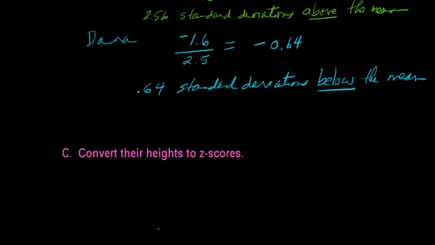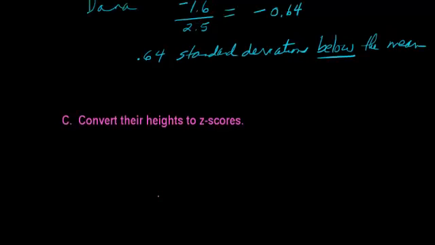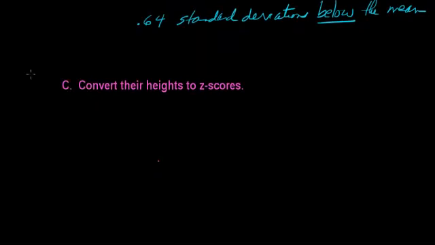Next, we want to convert their heights to z-scores. So using the formula we had before for Vanessa, remember the formula was z equals x minus mu, Vanessa's height minus the mean height, divided by the standard deviation.